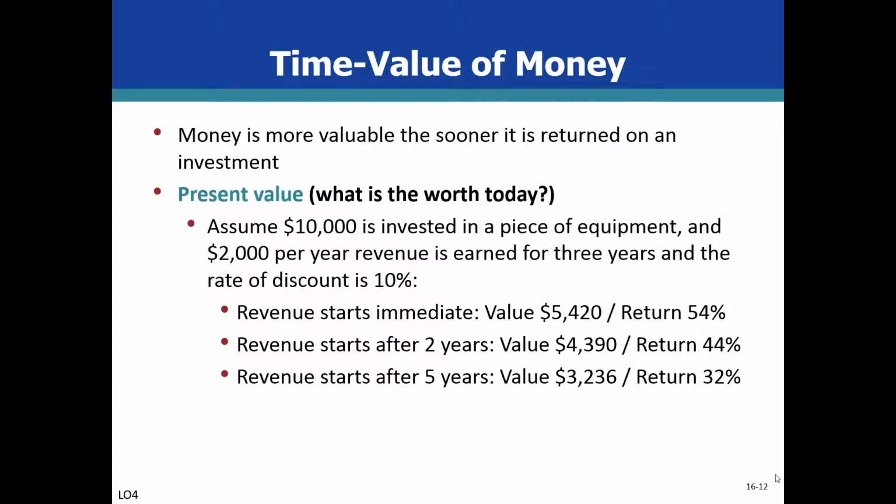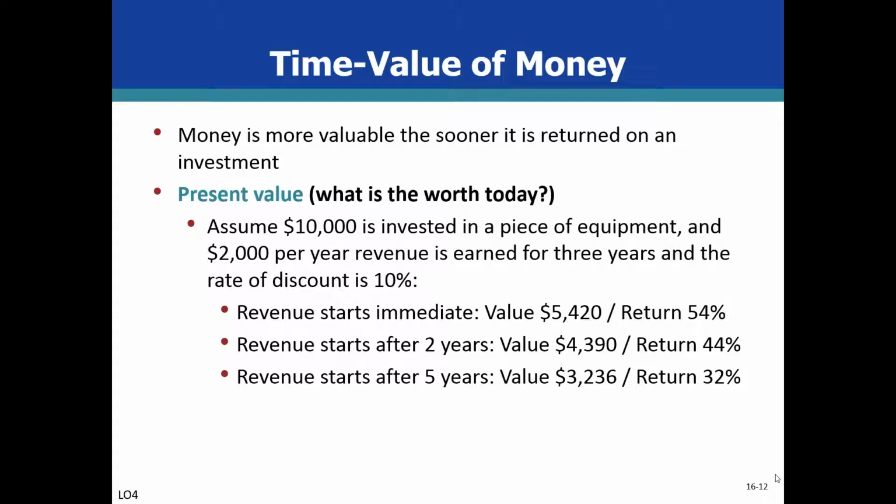Assume 3 different firms each purchase different equipment for the same amount, $10,000. Each firm will earn $2,000 a year over a 3-year window. However, because of market, product, and startup considerations, each firm will not go to market at the same time, but spend the initial investment at the same time.